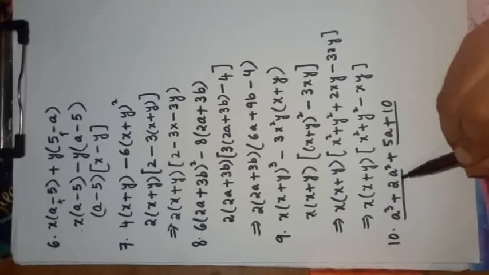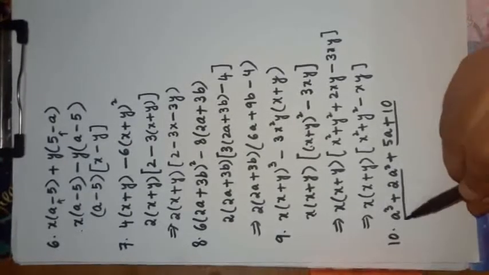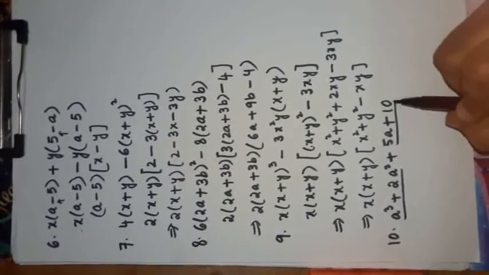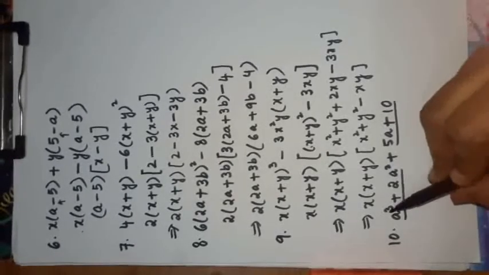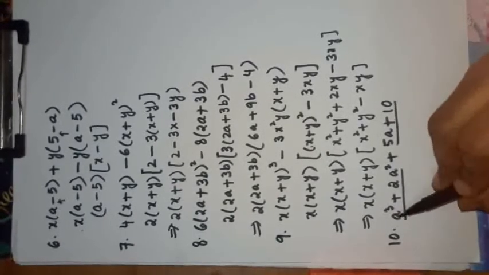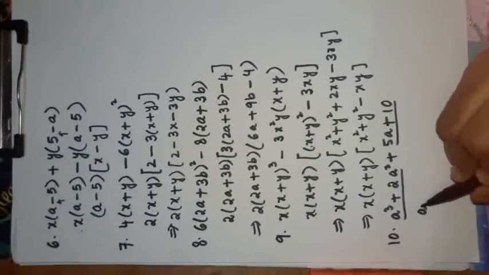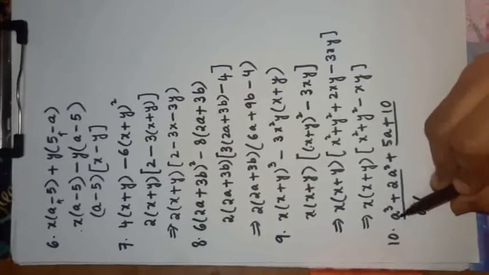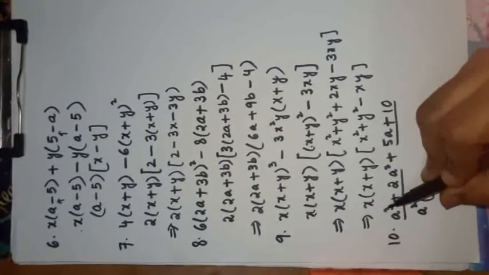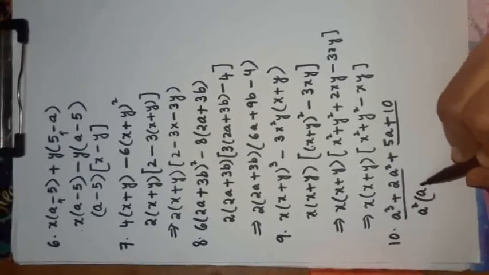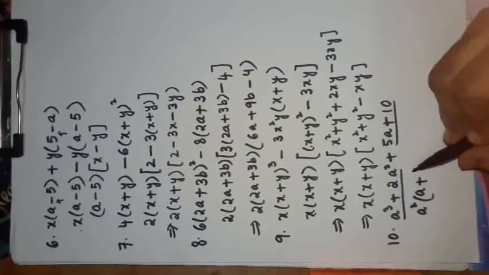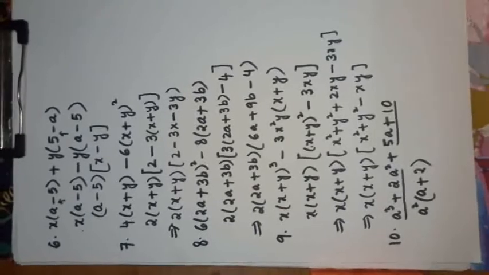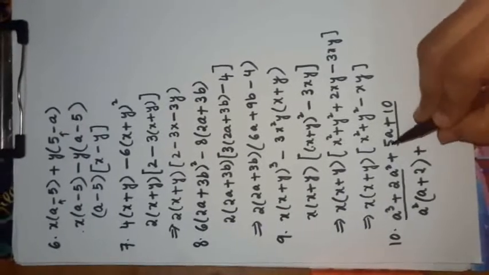Out of a^3 + 2a^2, let us take a^2 common. Then what is remaining after I take a^2? From a^3, a is remaining, plus here a^2 already I have taken, 2 is remaining. Now after that, plus 5a and 10.